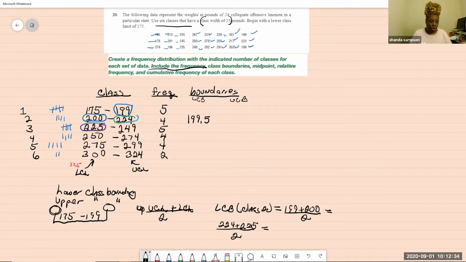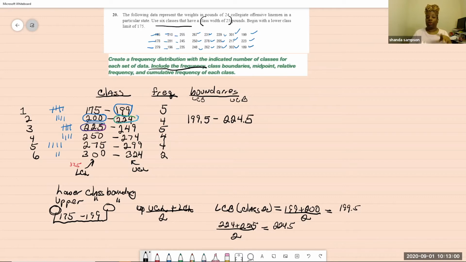But 224 plus 225 divided by 2 equals 224.5. It never hurts to check, right? So this is 224.5. That was 199.5. All right. So I'm just going to put a little dash here. It doesn't mean through. So 224.5. Booyah.